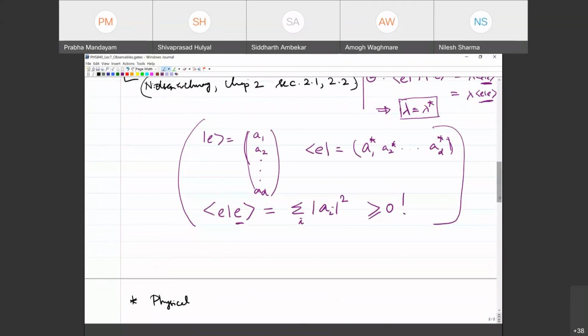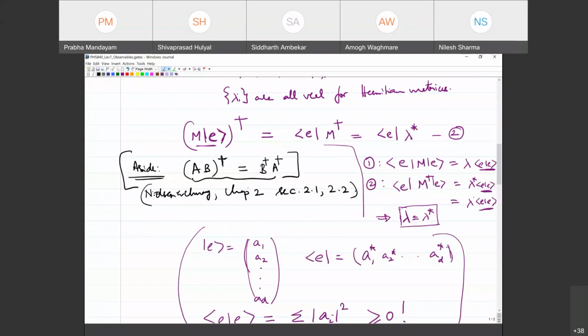That's the so-called norm of the vector. And if the norm is 1, it is normalized. But I don't have to insist on that. Of course, that will make this even simpler. You'll immediately get lambda star is equal to lambda. But I'm just saying that you don't even have to insist that it's a normalized vector.